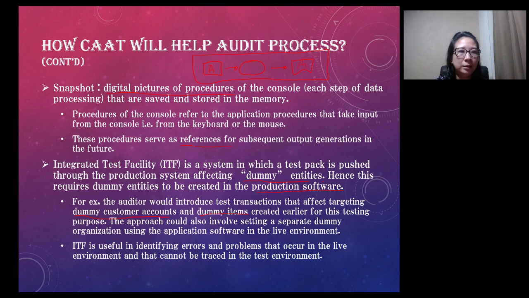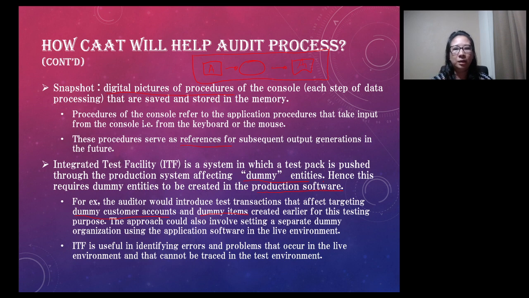But the thing is, when we do that testing, the dummy entities and dummy transactions should not be logged or reported in the financial report and other official reports. For example, we do a dummy sales transaction.